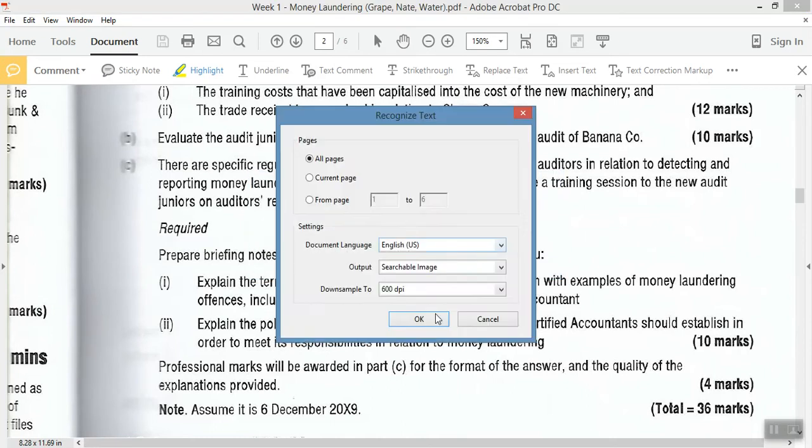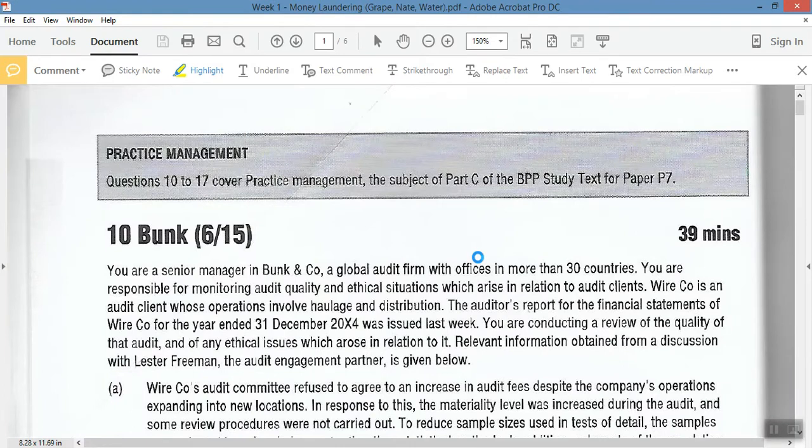One second. I have to convert the file first.